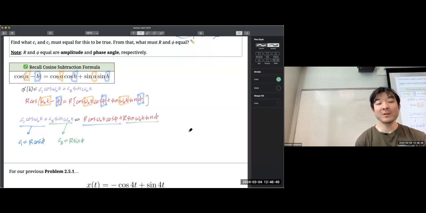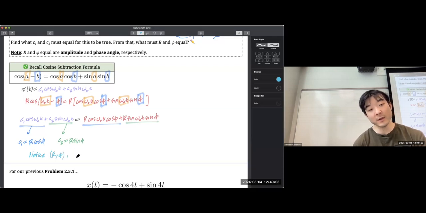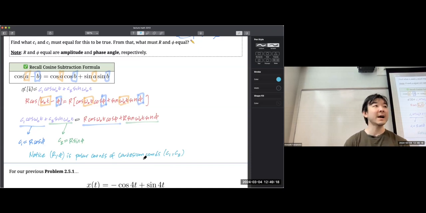Notice that the R and phi that we are trying to find are the polar coordinates of the Cartesian coordinates C1, comma C2. So C1 acts like your X and C2 acts like your Y.